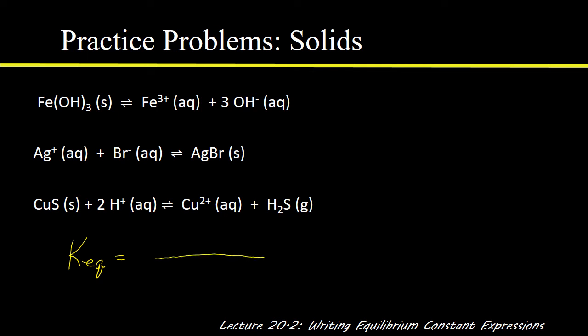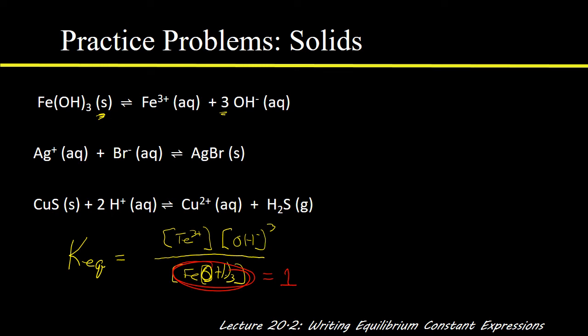For this first one, I have the concentration of iron in the numerator and the concentration of hydroxide in the numerator. There are 3 of these, so we're going to cube that, and in the denominator we have the concentration of iron hydroxide. But because the iron hydroxide is a solid, this whole thing becomes a 1.